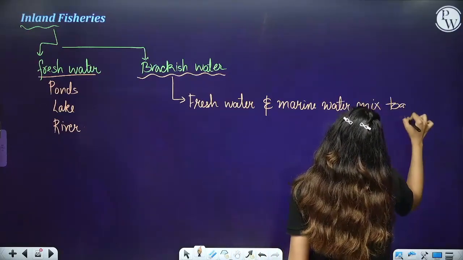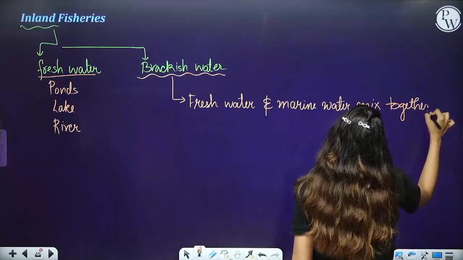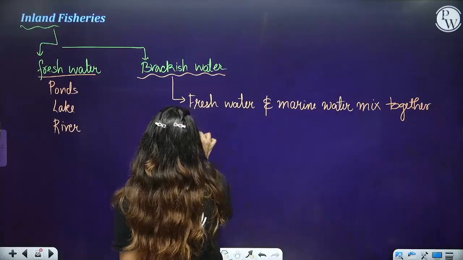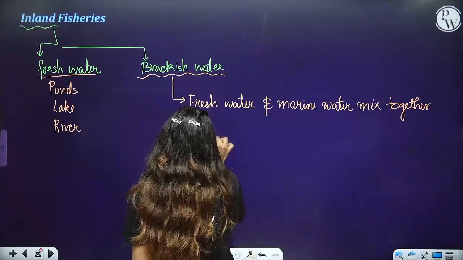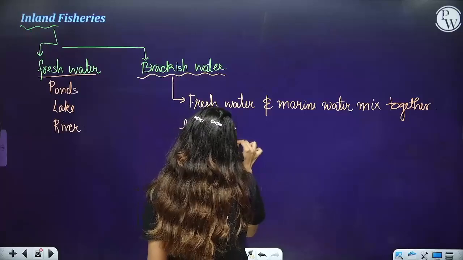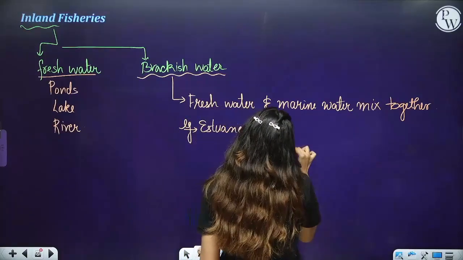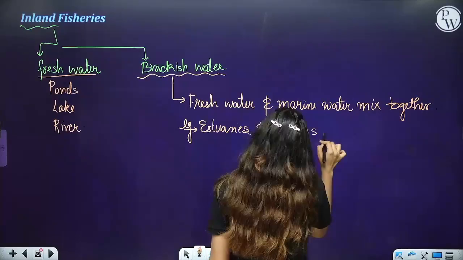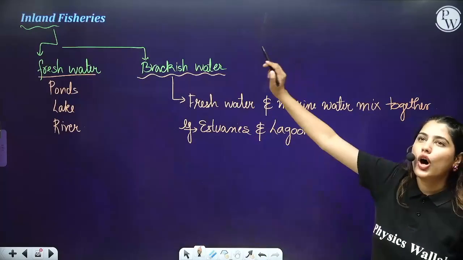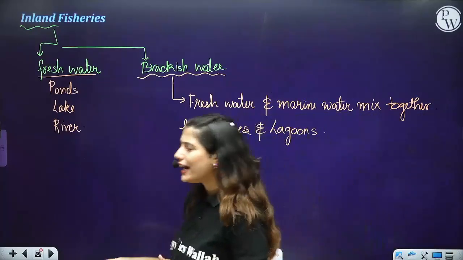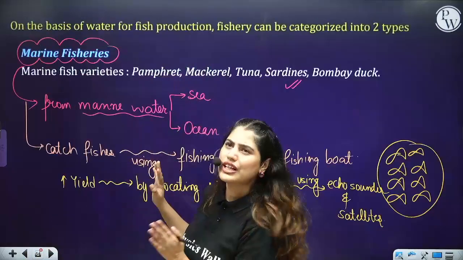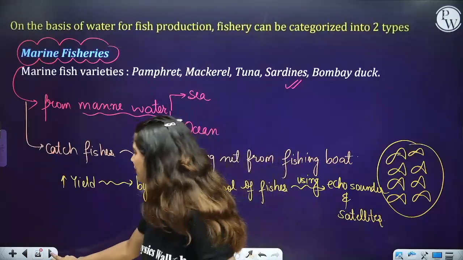For example, we have estuaries and lagoons, right? When we are catching our fish from such water, we call it inland fisheries, right? Marine and inland fisheries, I hope it makes sense, both of these.